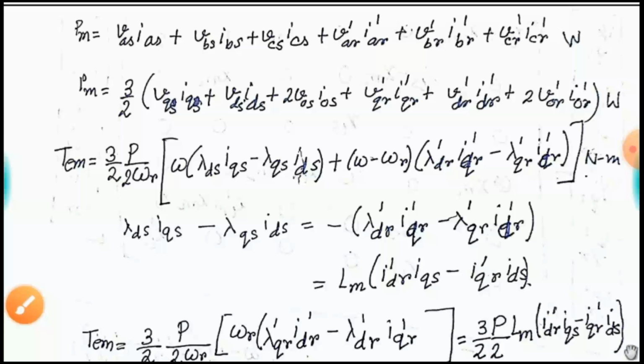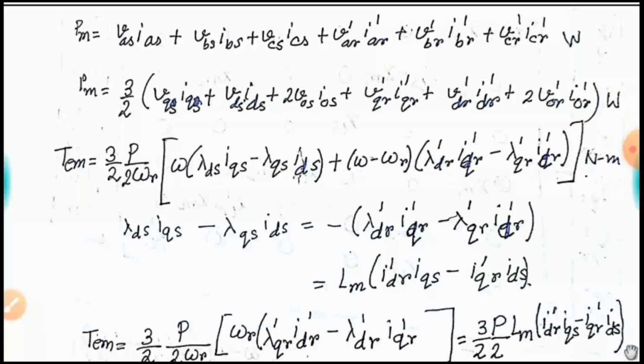Now one thing you can recall, when I was delivering lectures in your third semester, I used to tell you that when we are talking about flux acting in the same direction, either it will strengthen your magnetic field or weaken it, but it has nothing to do with torque production. Torque production can only be done by flux and current.